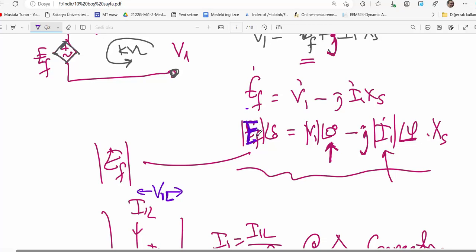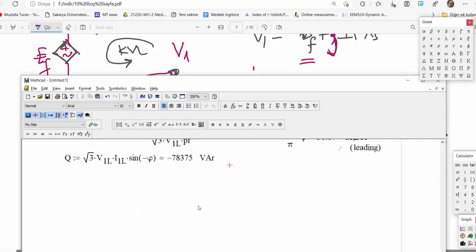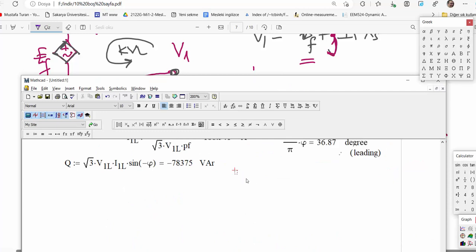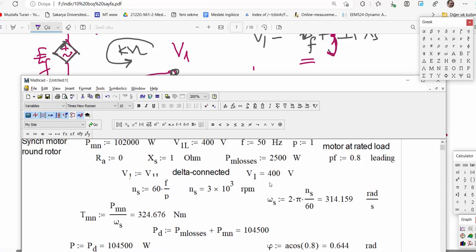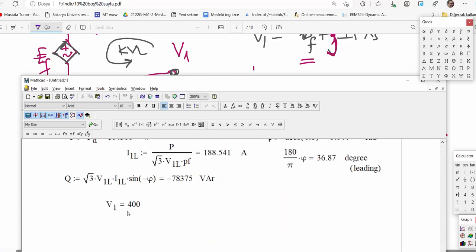Please take care because here are phasors. It is easy to make errors. Okay, let's try V1. Yes, the machine knows V1. It is equal to V1 line. It is already calculated here. Okay, what about current?